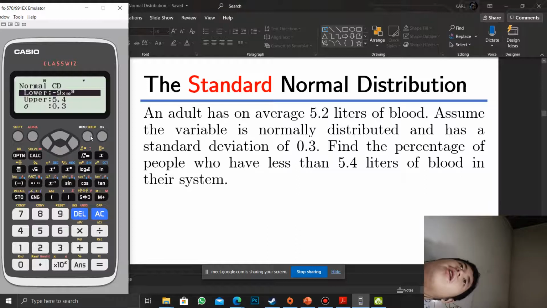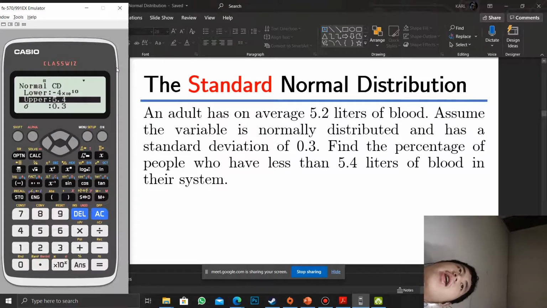Find the percentage of people who have less than 5.4 liters of blood in their system. Less than, so itong 5.4, siya yung upper limit. Lalagay mo siya dito, tapos super large negative number sa baba. Standard deviation is 0.3, and average 5.2 liters of blood. You will get 0.7475. So, apply mo yung sinabi ko sa'yo dito.